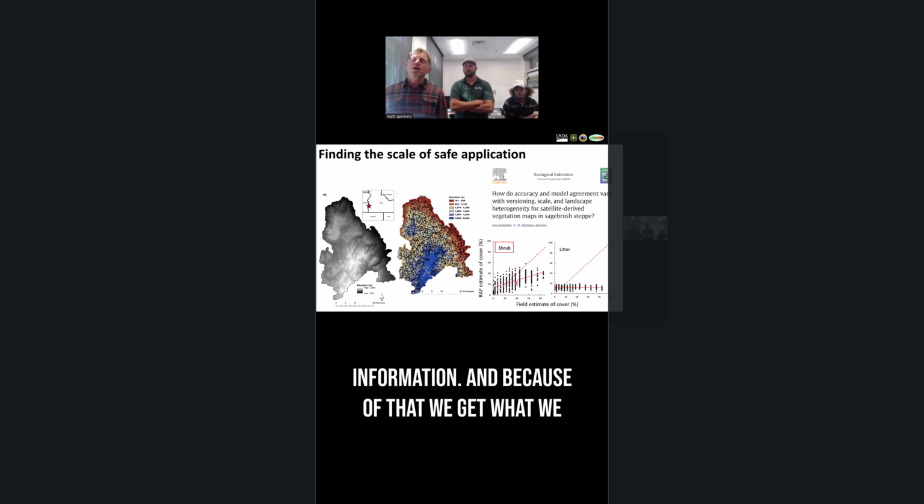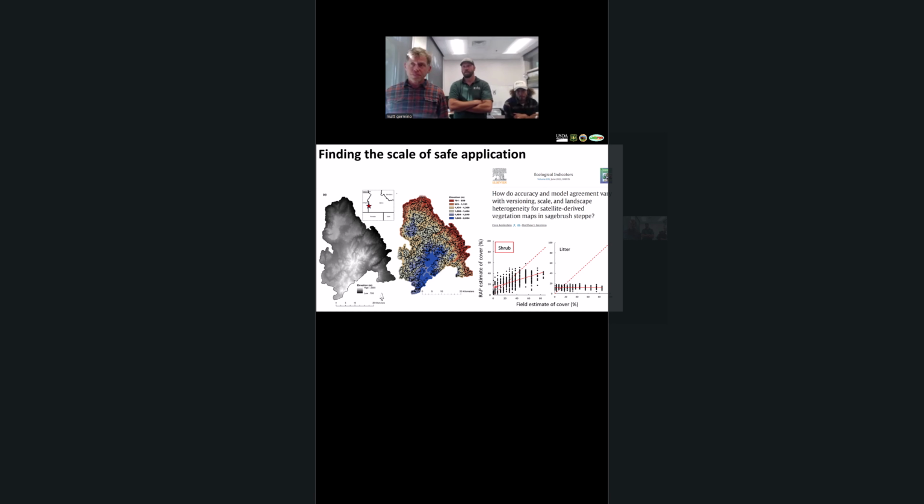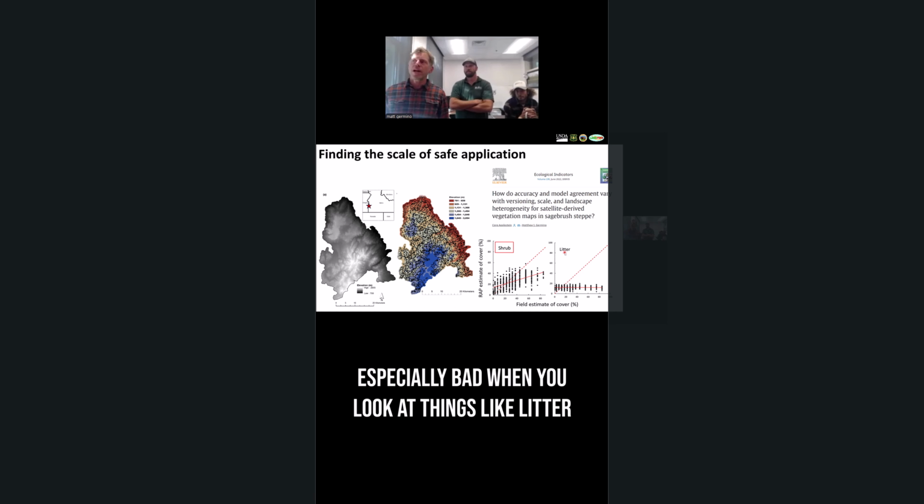And because of that, we get what we call a false modern effect, where the vegetation estimate based on remote sensing tends to underestimate cover when it's most abundant, and conversely overestimate it when it is least abundant. And this is especially bad when you look at things like litter, which matter a lot for fire. Same thing with bare soil.